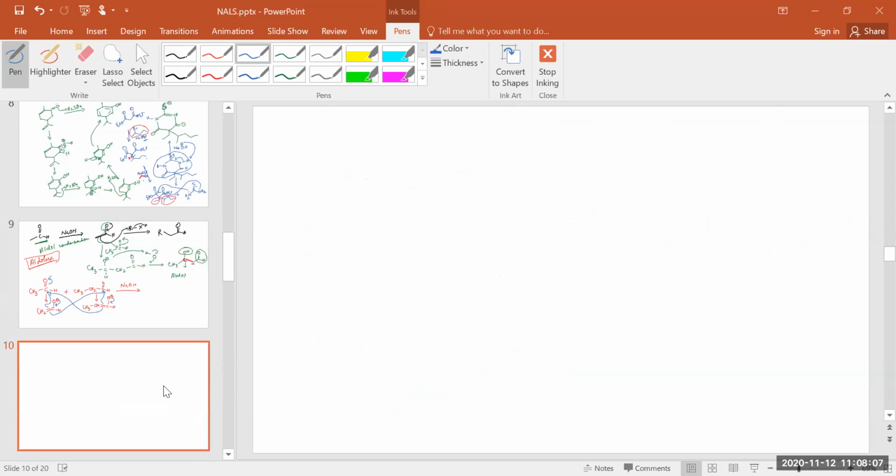So next, suppose we take benzaldehyde, and then you take, let's say, propanal, and there's a catalytic amount of base. So what will happen?